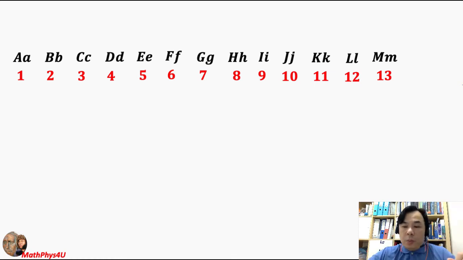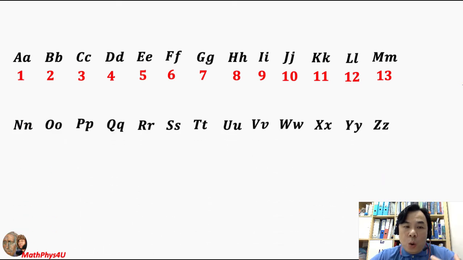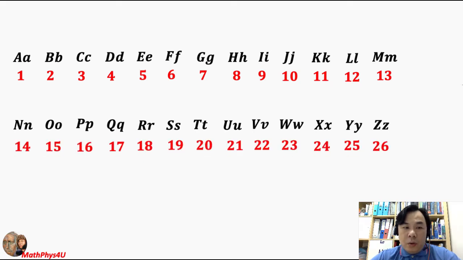And then next, we're going to proceed on the same procedure for N, O, P, Q, R, S, T, U, V, W, X, Y, Z with the corresponding numerical value. So for N, we will assign 14, O 15, and so on and so forth until the number 26 to represent the alphabet Z here.